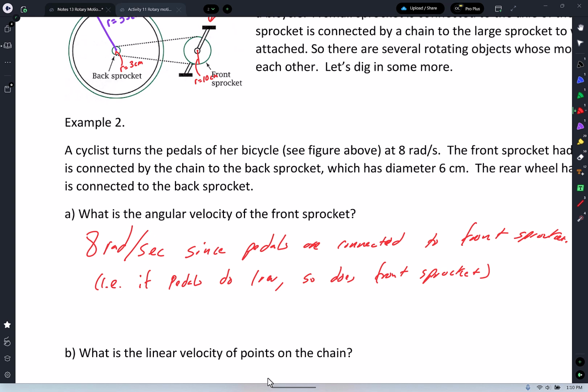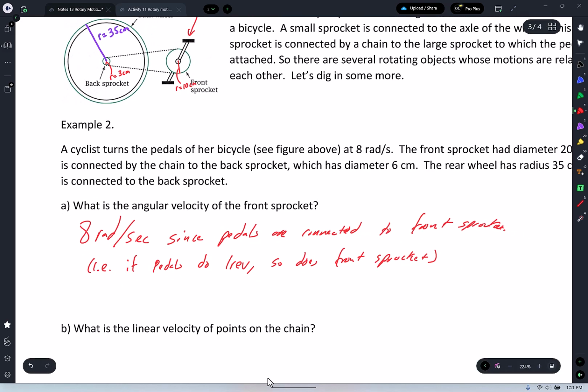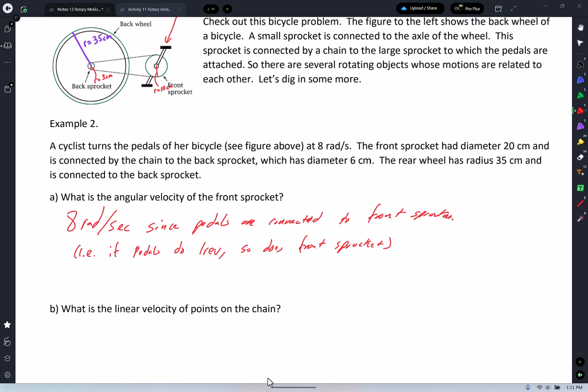If pedals do 1 revolution, that's 1 rev, so does front sprocket. That makes sense, guys? Okay. Let me know if I'm going too fast. Am I going at an okay speed?